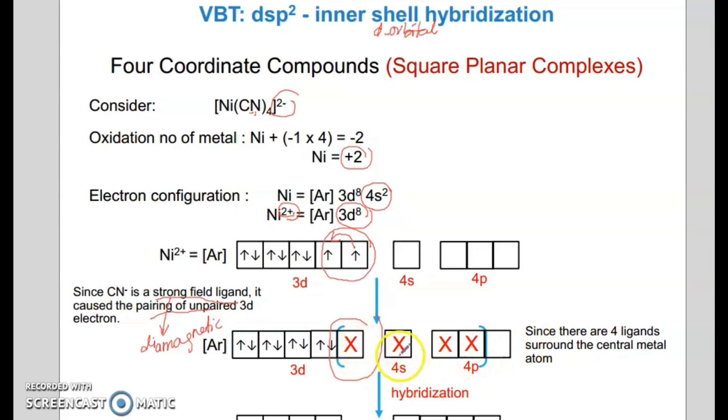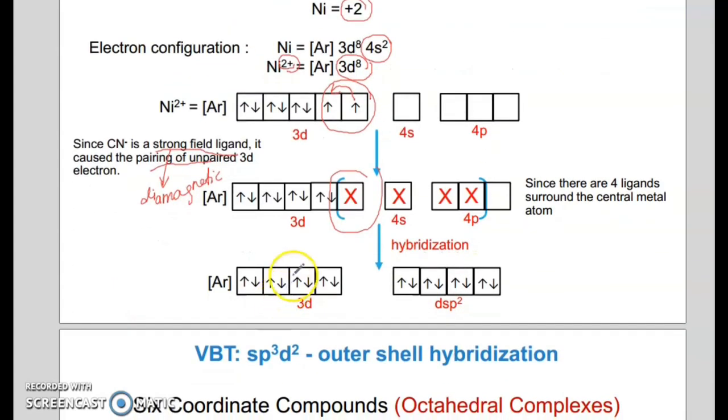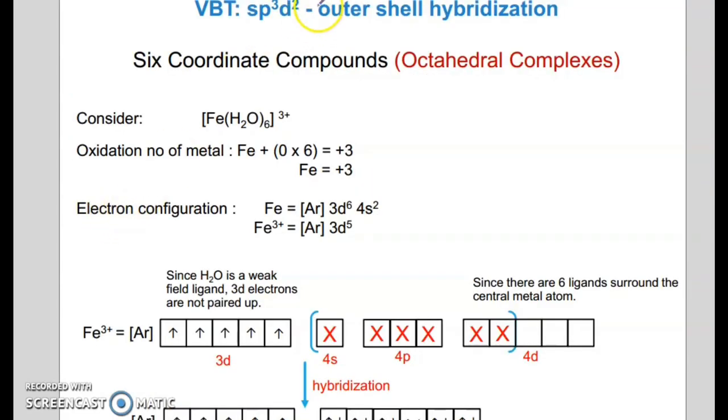So 1, 2, 3, 4. dsp2, only 2 orbitals of the p. So this is the hybridization, dsp2.